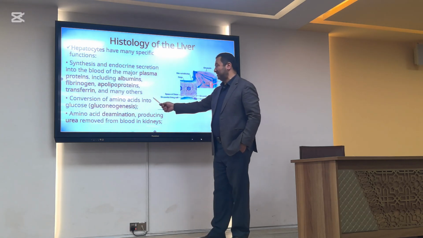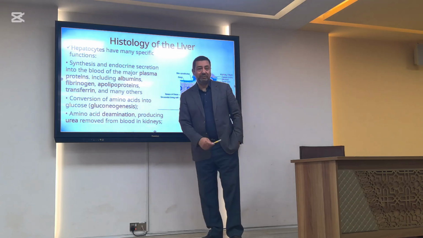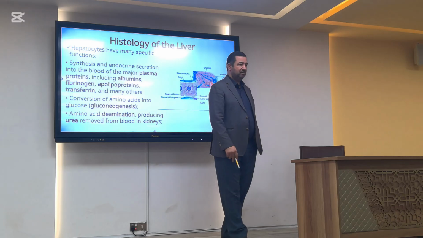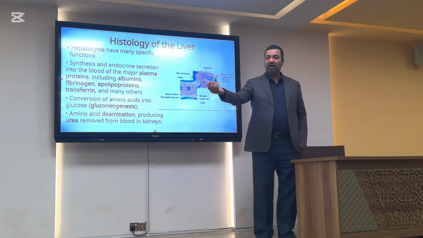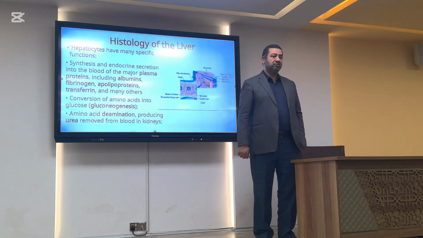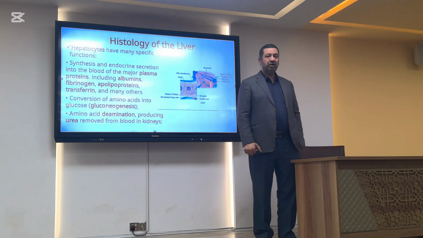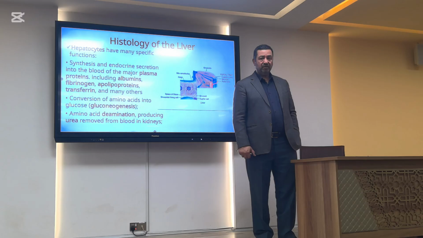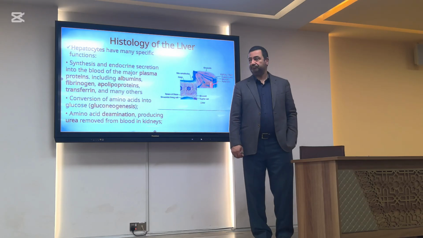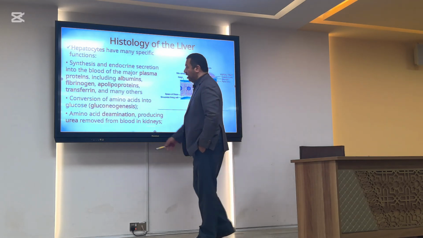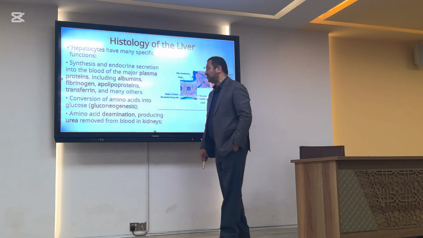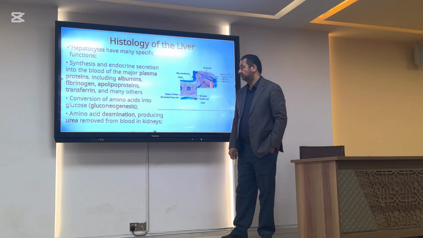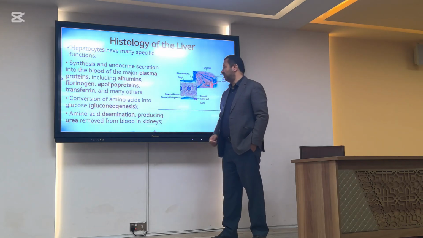Conversion of amino acids into glucose, gluconeogenesis. Conversion of the amino acid to the glucose occurs in the hepatocytes. Okay? Gluconeogenesis. Amino acid deamination, producing urea, removed from blood in the kidneys.